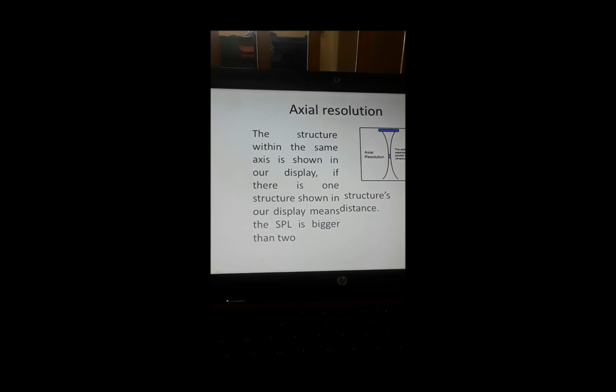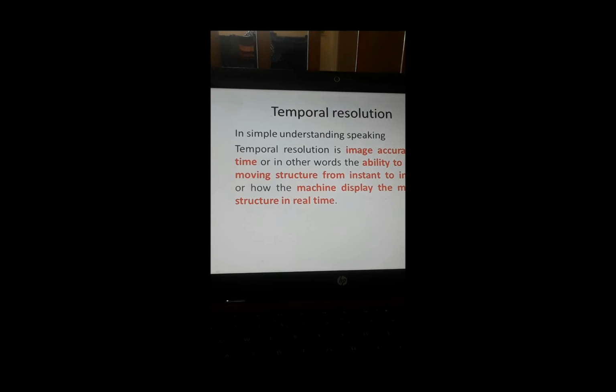If the distance between these two structures is less than half of the SPL, then the two structures will be shown as a single image on our display. That's the reason for axial resolution, how it works. Axial resolution is the ability to separate structures which are close to each other and lie along the same main axis.